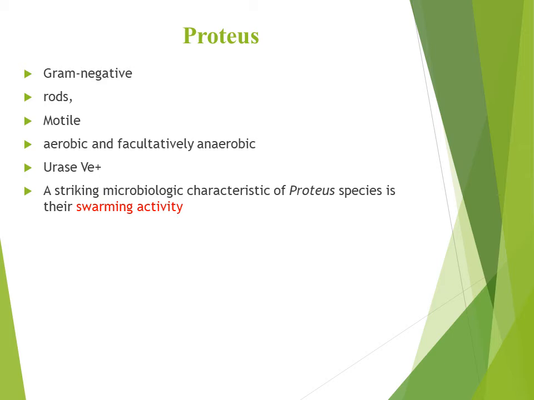Okay, let's move to talk about the second example of enteric organisms that cause an infection outside the enteric tract, which is Proteus. Let's start with the characteristic features of Proteus.